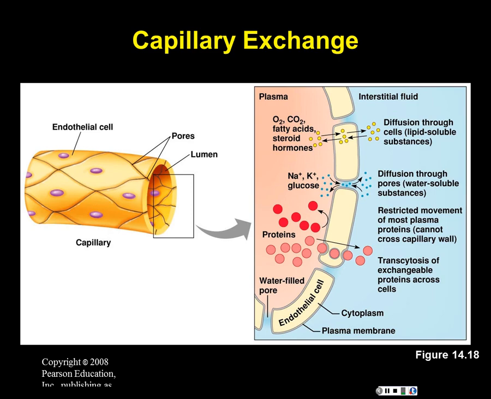What about charged particles or larger particles? They may move through by transcytosis if they are probably what type of molecule? Not lipid soluble, like proteins. Okay? Our proteins, and really the large, big ones, may specifically move by transcytosis.